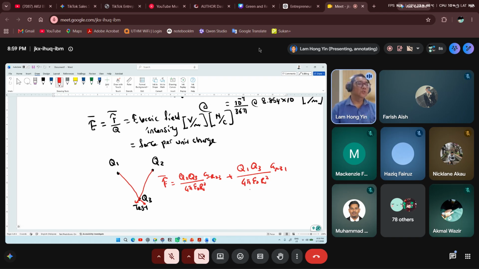That is the way to calculate the total force generated by the two charges.